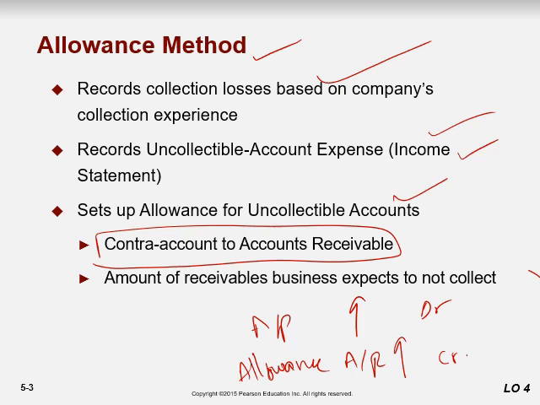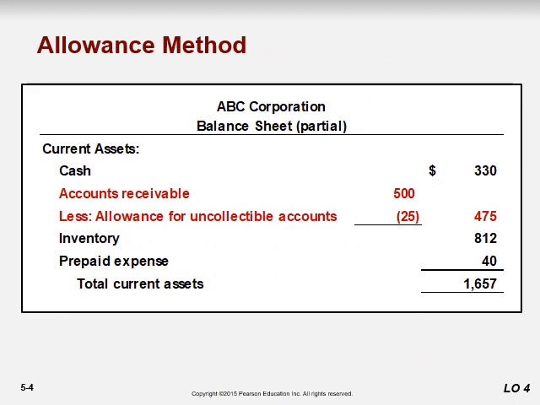Just a hint: all the reserves and allowances, you can treat an increase as always a credit. On the balance sheet, the allowance method records receivables like this: accounts receivable less allowance for uncollectible debts of 25, and we write down the net value after subtracting it from accounts receivable.